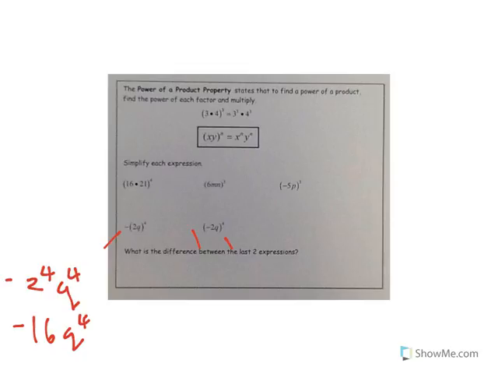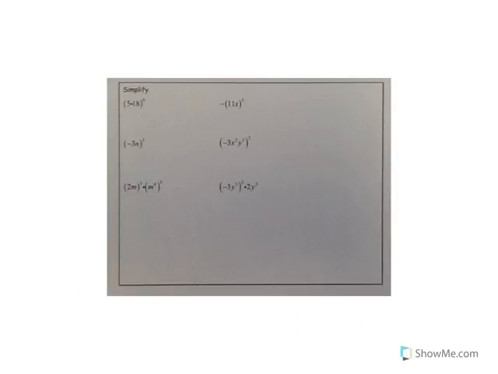For here, it's going to be -2 to the 4th power and q to the 4th power. So -2 to the 4th power is going to be 16 because -2 times -2 is 4, times -2 is -8, times -2 is going to be 16. So that's an important difference. So obviously negative versus positive there.